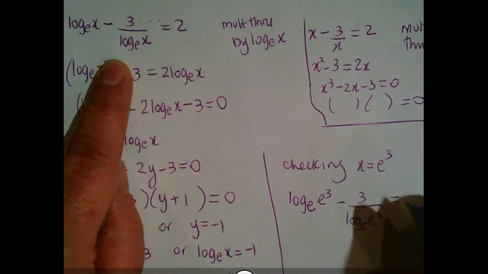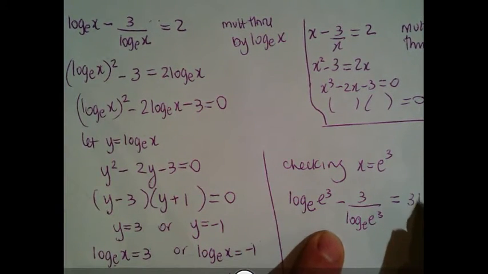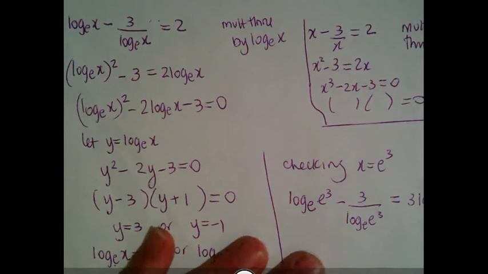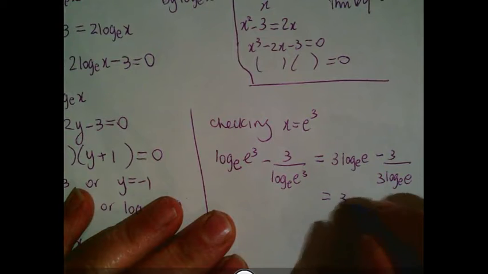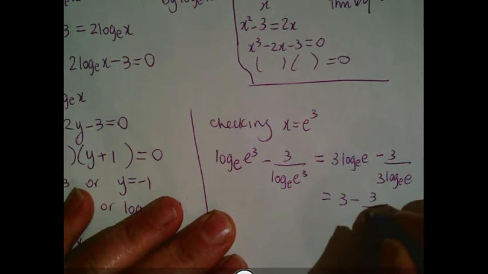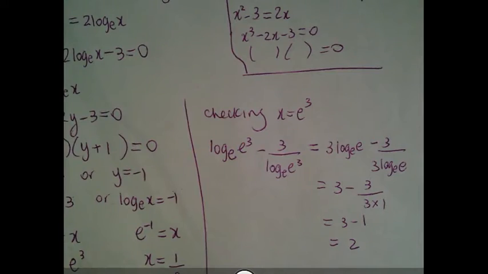Let's see what that equals. Well, that is equal to 3 log to the base e of e minus 3 over 3 log to the base e of e. Which is 3 times 1, which is 3, minus 3 over 3 times 1, which is 3 minus 3 on 3 is 1. So it's 3 minus 1, which is 2, which is correct, because that's what we're trying to prove.